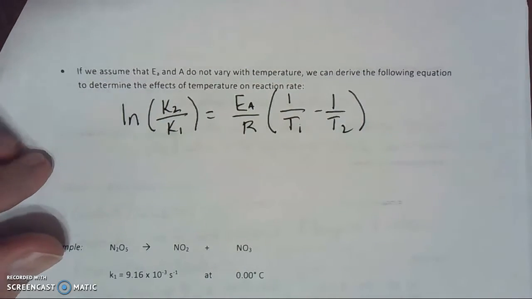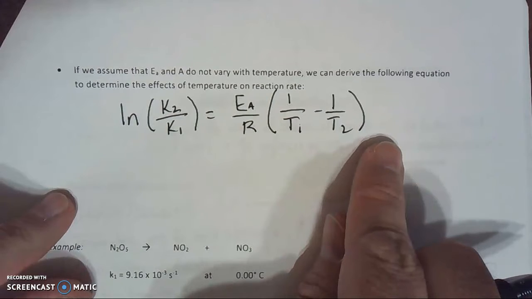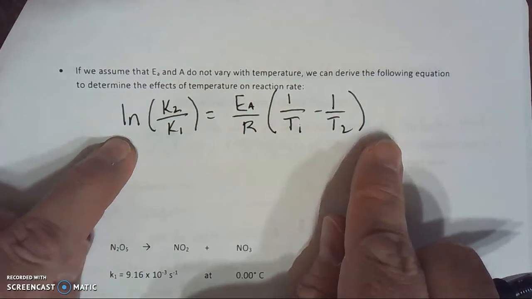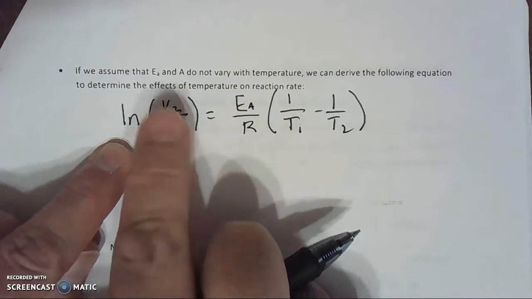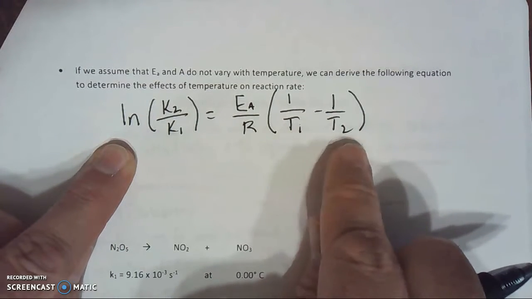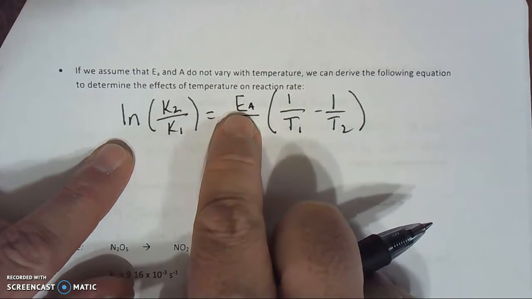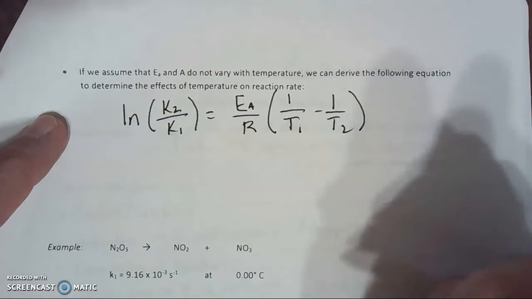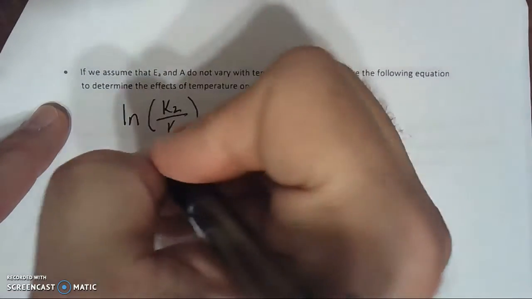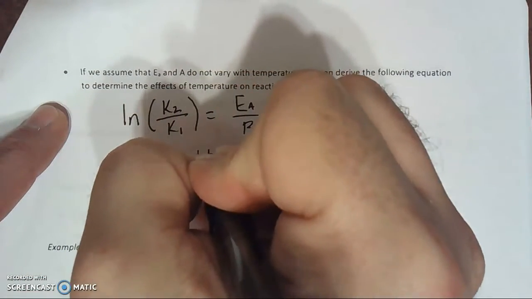Now, it may look a little intimidating, but we know what all of these things are. Ln is a natural log. So we're looking at two different K values. So we're comparing things that are at two different temperatures. So E sub A is our activation energy. R is going to be our universal gas constant. So T must be in Kelvin.